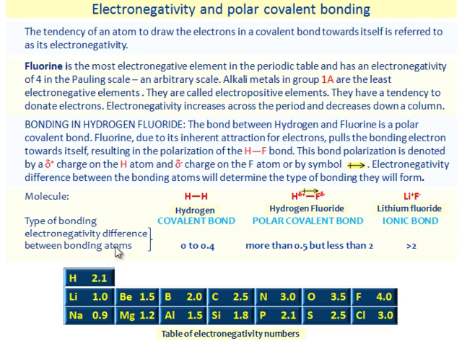If the electronegativity difference is more than 0.5 but less than 2, it will form a polar covalent bond as in hydrogen fluoride. If the electronegativity difference is more than 2, it will form an ionic bond as in lithium fluoride.